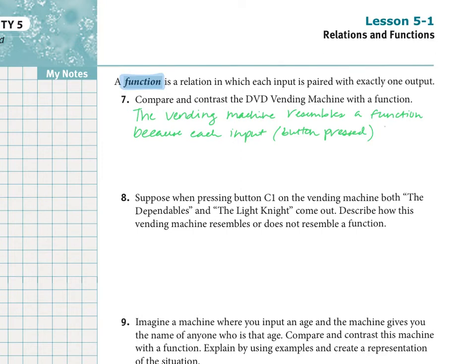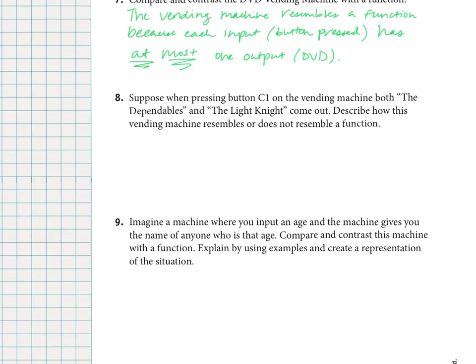So each input has at most, that means no more than, at most one output, which remember, that is a DVD. So that's what a function is, where each and every input has exactly one output. No more at all. So let's go ahead and read question number 8.